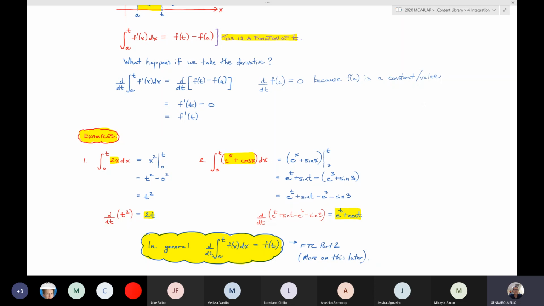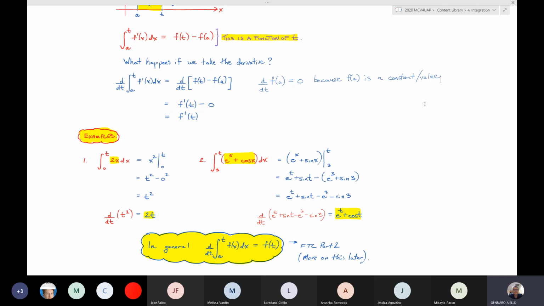And I have to evaluate that at t and evaluate it at 3. So I would get e to the t plus sine t. Subtract, now sub the 3 in there, e to the 3 plus sine 3. So I get that expression, e to the t plus sine t minus e cubed minus the sine of 3.